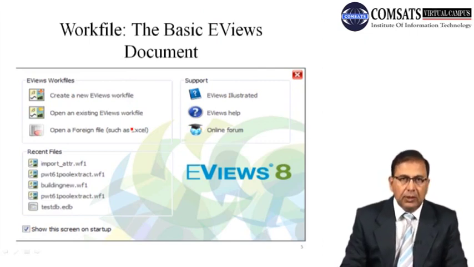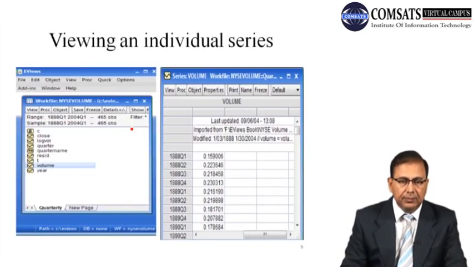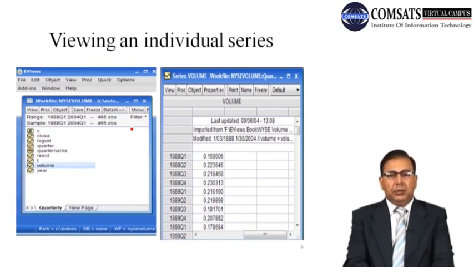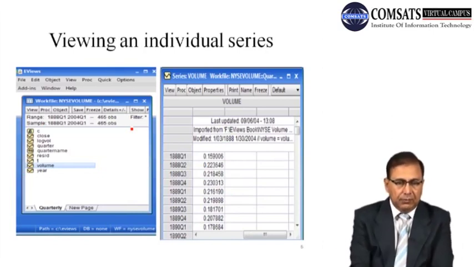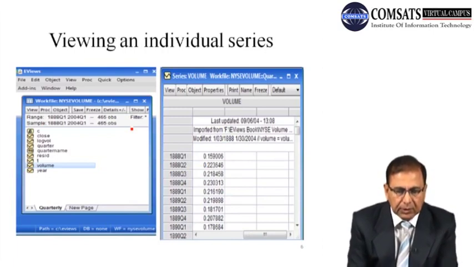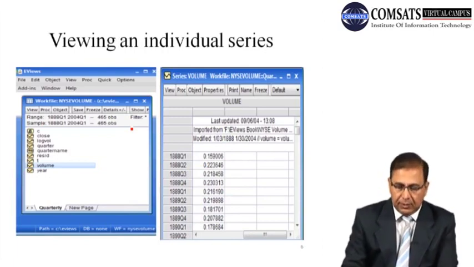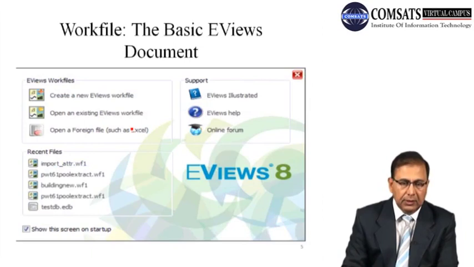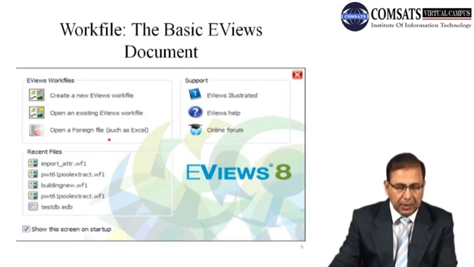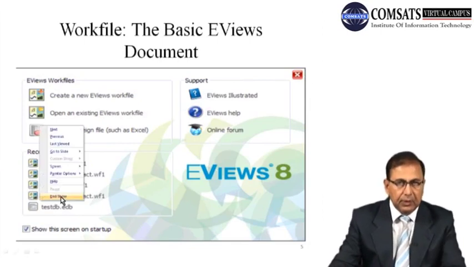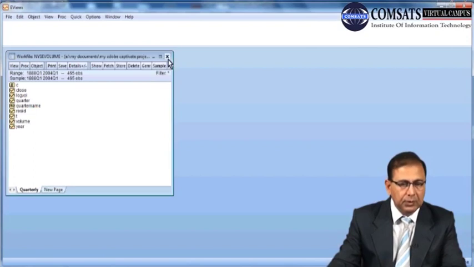Students, moving ahead further, viewing an individual series. How can you view an individual series? The first thing is how to create a new work file in eViews. Let us learn how to create a work file in eViews.